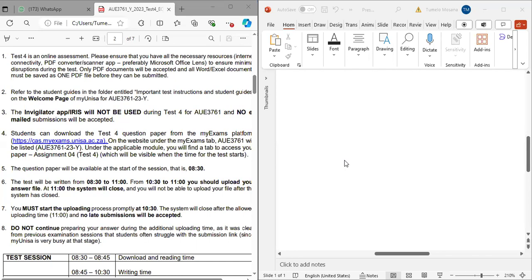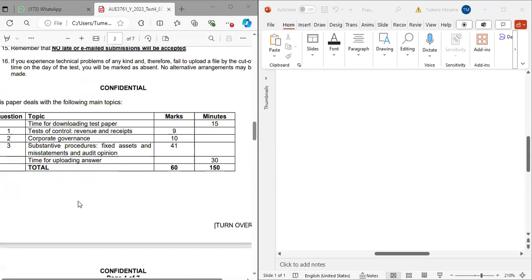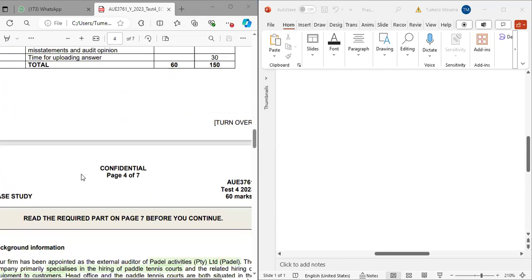So now we will be looking at test 4 of 2023, but not the whole paper, just part 3, as well as certain things that I think will come out in your test.